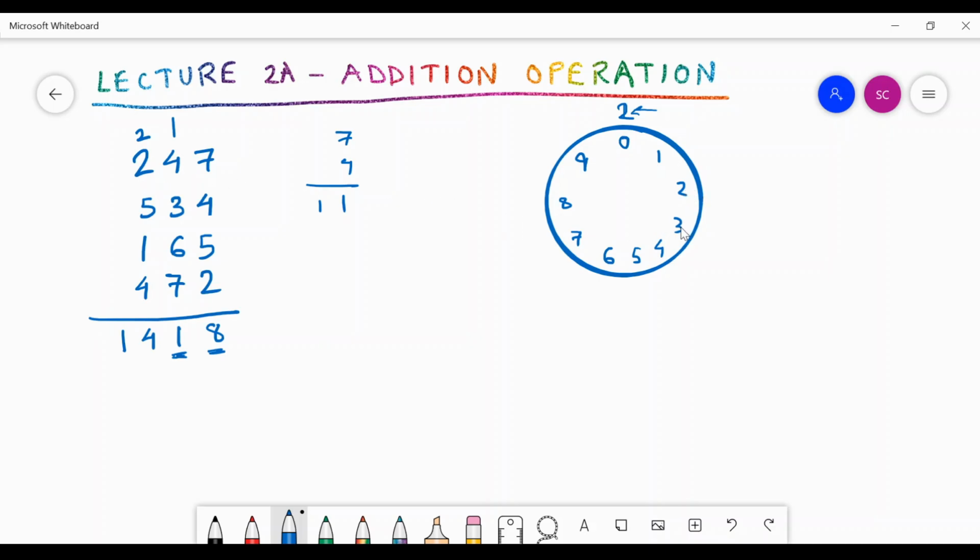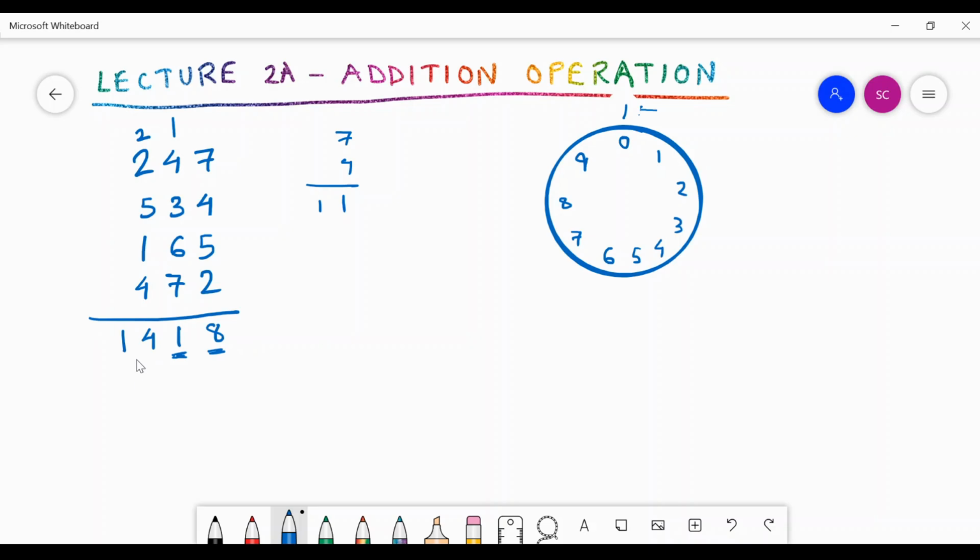So you simply walk 2 units, reach here, then 5: 1, 2, 3, 4, 5, reach here, 1, you reach here, and 4: 1, 2, 3, 4, you reach here. You have crossed the 0 mark once only now. So 1 and 4. 4 because you reached ultimately at 4. So 4 and then 1.